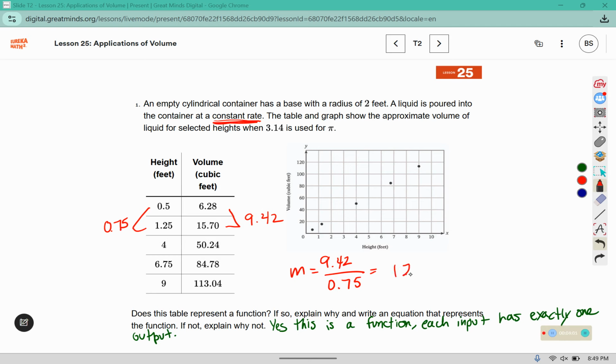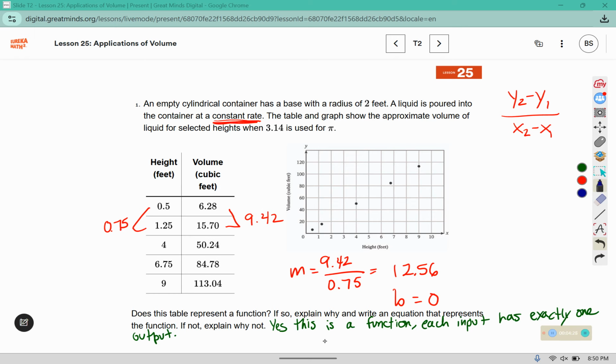Which is a slope of 12.56. You may recall this formula that we used for finding the slope. Now, if the item has no height, it should have no volume as well, so the initial value should equal 0.